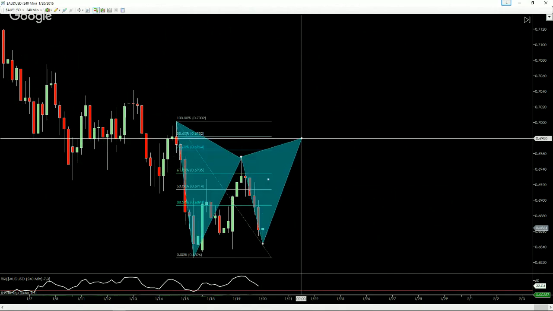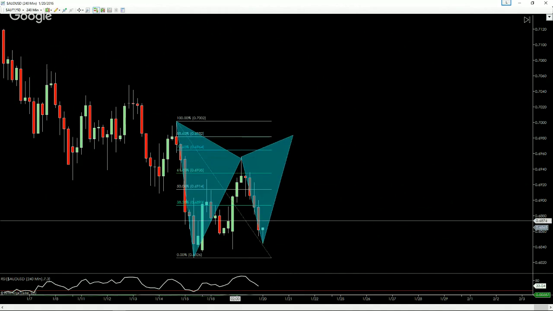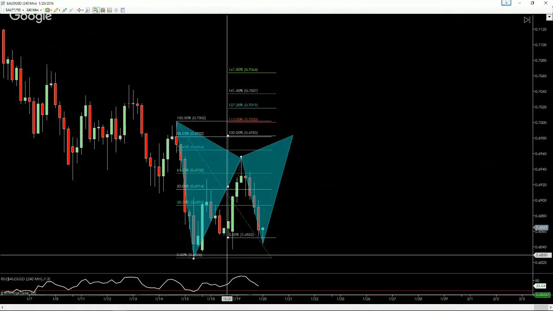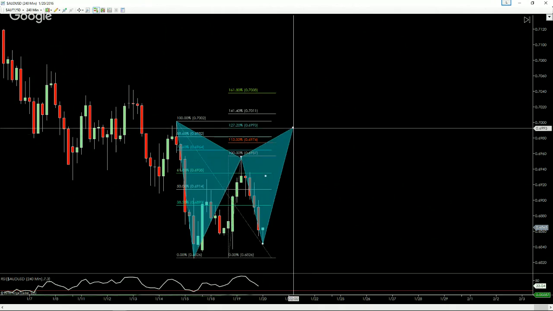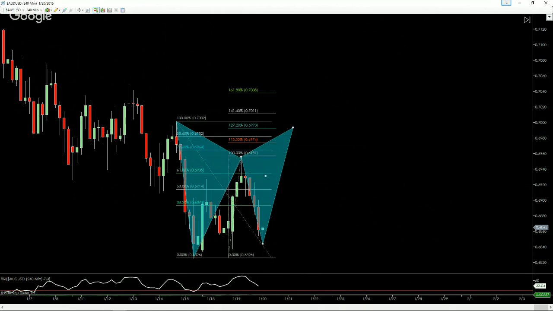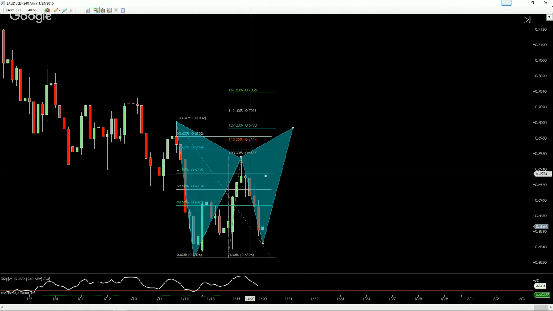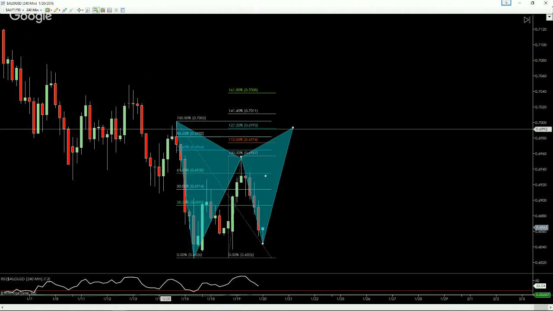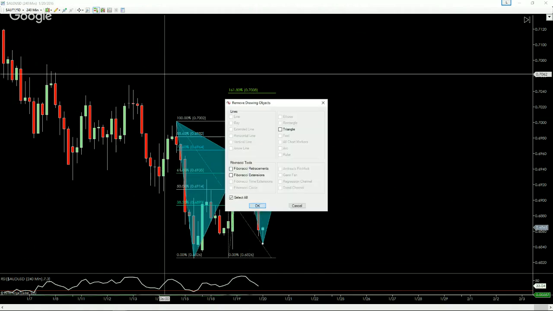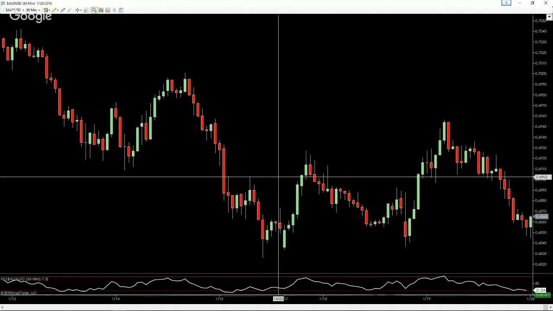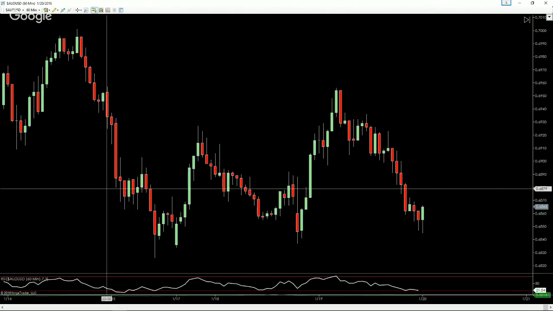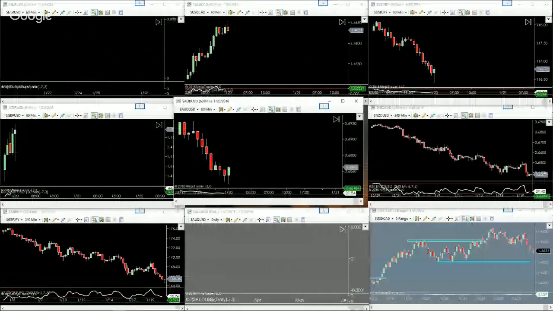If we come back to a 127 extension of this move, we would have a Gartley pattern. But since it has not violated this level of structure right here, we shouldn't be worried about that just yet. Nothing really on the 60.